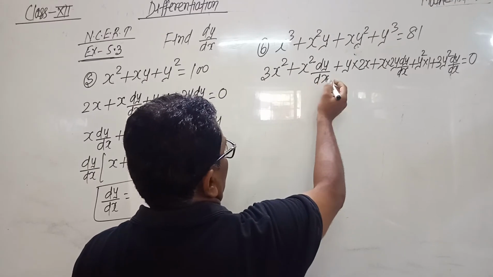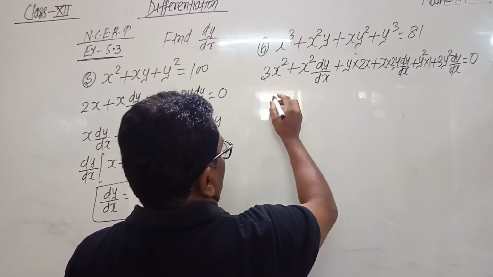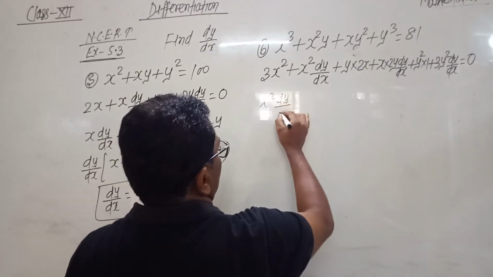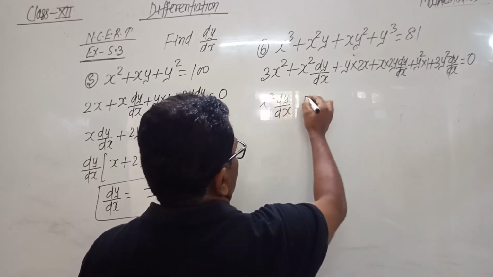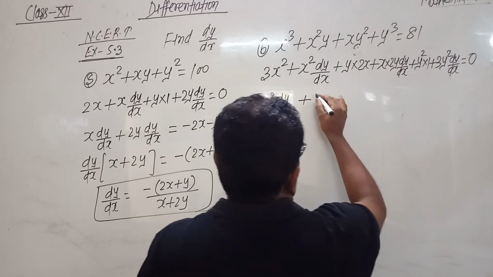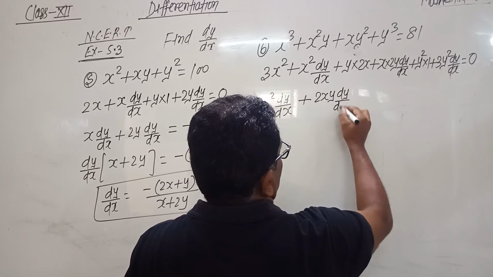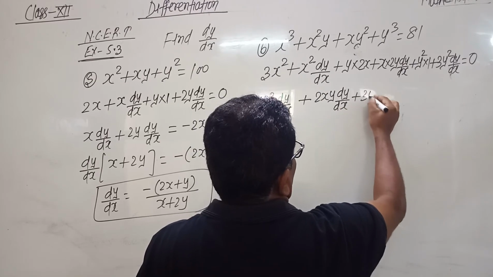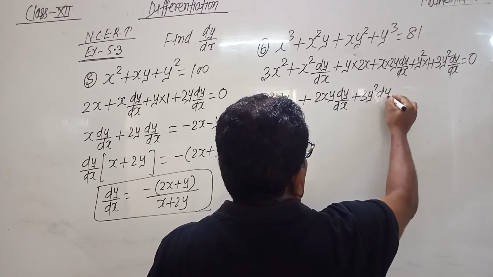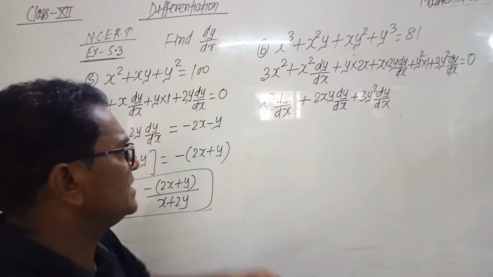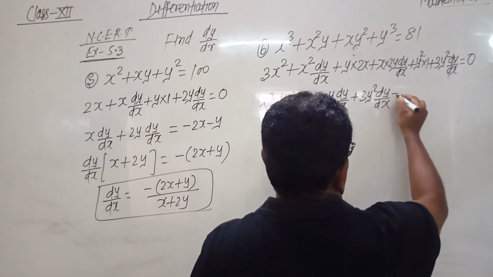Now take dy by dx common. The terms containing dy by dx will be taken to one side: x square dy by dx plus 2xy dy by dx plus 3y square dy by dx, and the rest of the terms which don't contain dy by dx will go on the right side.